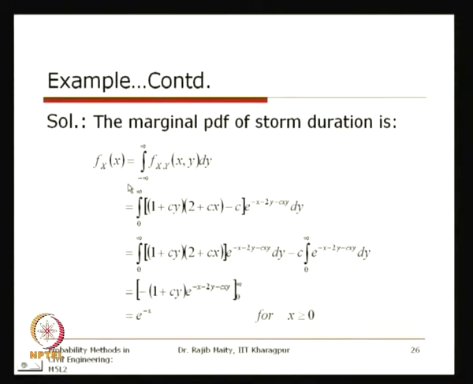To get it, we have to integrate over the entire range of y, and if we follow these integration steps, we will see that f_X, the marginal distribution of x, comes to be e^(-x) for the range x greater than 0.